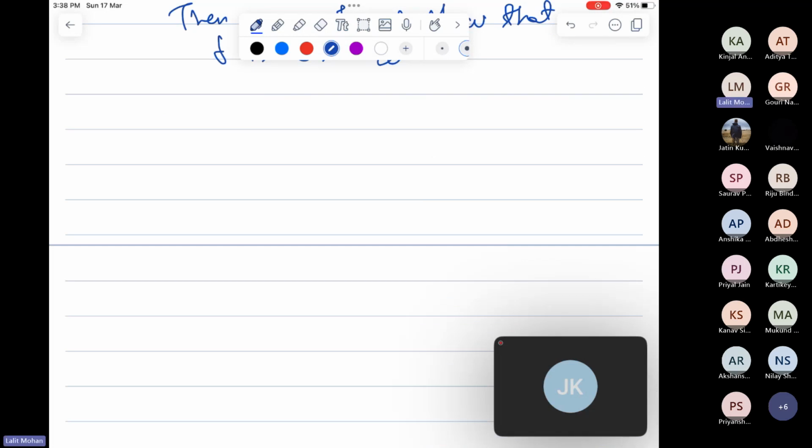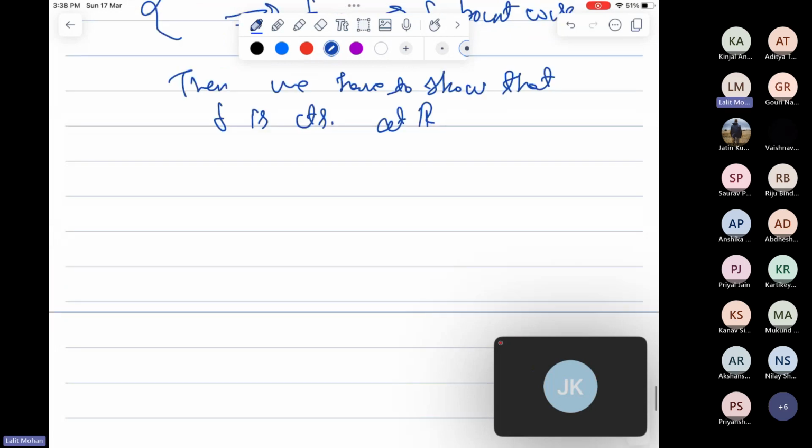There is a sequential definition of continuity. Can anyone tell me that definition? Say again, choose any point x belonging to R, any point. We have to show that f is continuous at x. So there is a definition. One definition is epsilon-delta. There is some definition related to sequences for continuity.